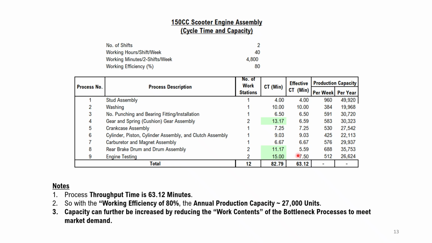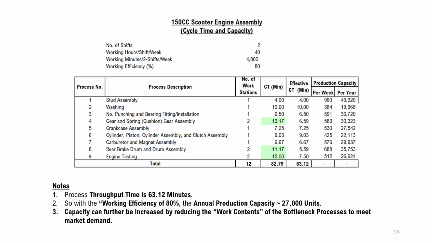So by doing so, the process throughput time is now reduced from 82.79 minutes to 63.12 minutes. With a working efficiency of 80%, the annual production capacity is now approximately 27,000 units.